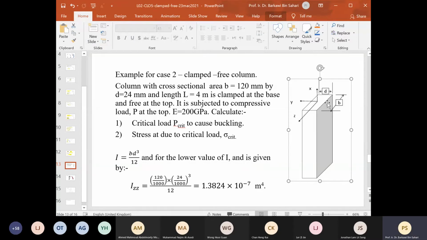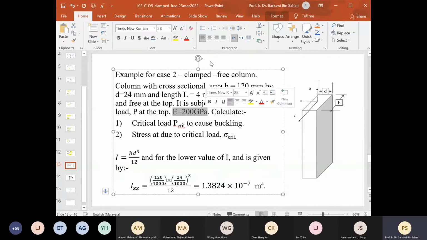The breadth is B, 120 millimeters, and the length is 4 meters. The same one that we used in the example for pin type, but this time we put in clamp at one side and free on the other side. The Young's modulus is 200 gigapascal.